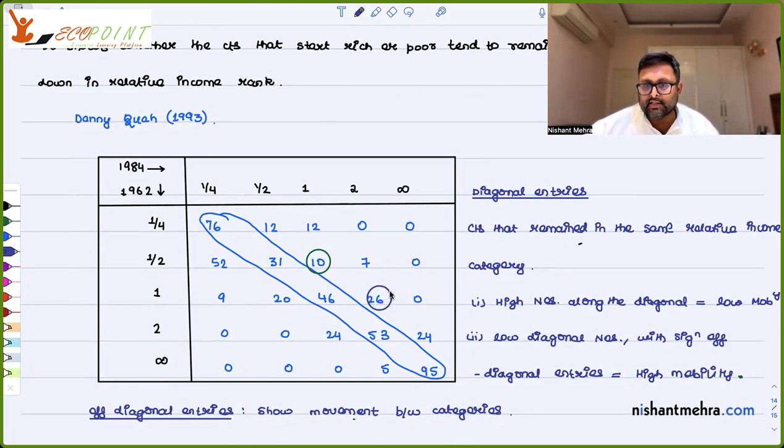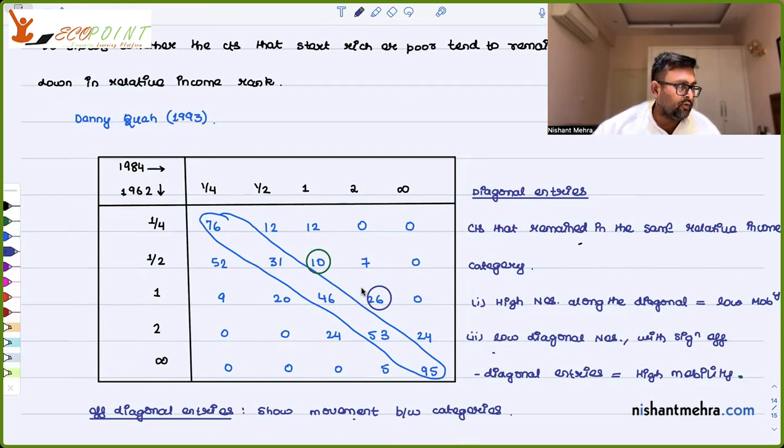So it tells you what? 26% of the countries were earning almost the world average in 1962, but by 1984 they were earning twice the world average. So 26% of the countries that were between half the world average and the world average in 1962 moved to between world average and twice the world average in 1984. So this is an upward movement. This is what it is telling you. You with me, guys?